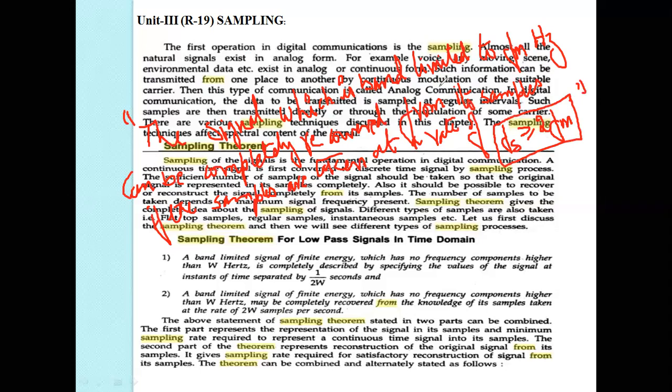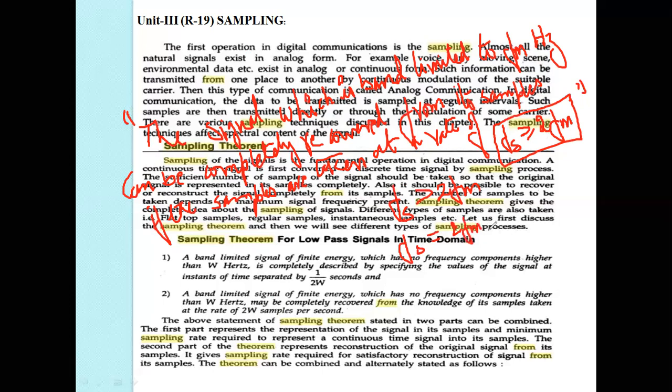The signal which is band limited to fm hertz can be completely recovered from its samples if the samples are taken at a rate of fs greater than or equal to 2 fm. The sampling frequency fs is either greater than 2 fm or equal to 2 fm.